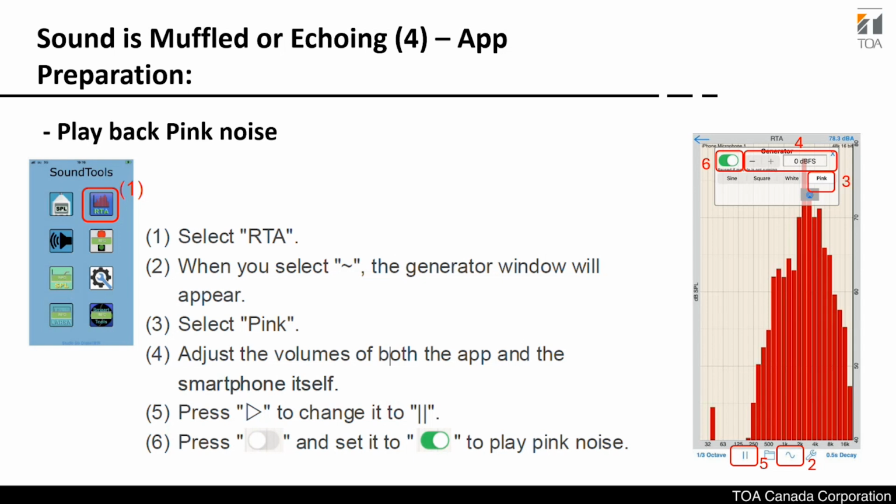So here we're using the app on the smartphone to generate the signal to feed to the system. You can follow these steps by selecting RTA, and the generator window will appear, and then you select pink noise, and adjust the volume both on the app and the smartphone itself. Press play or stop, and then you will generate pink noise and feed it to the system.